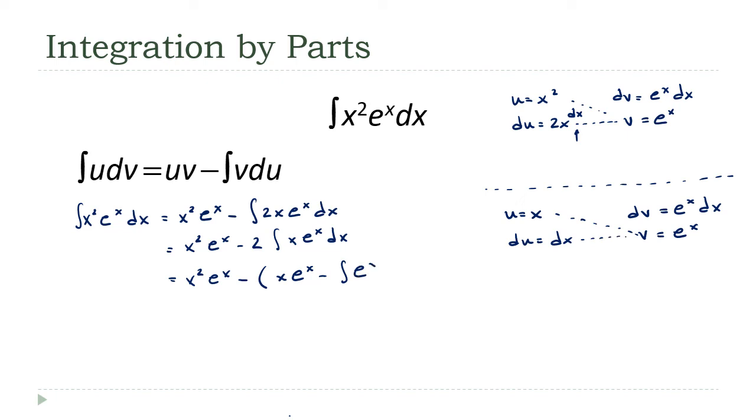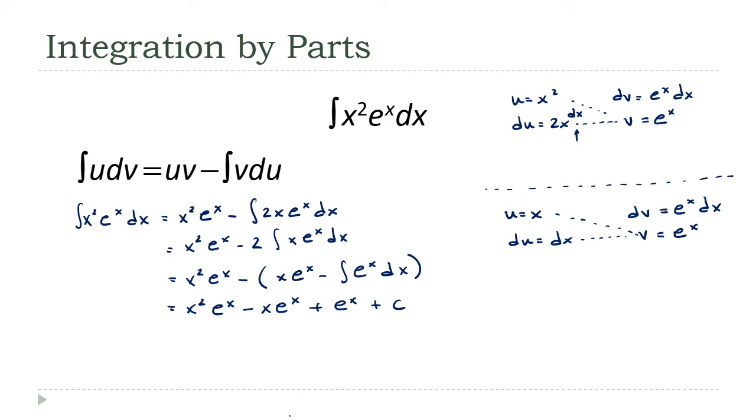So that's e to the x dx. And that one I can do. So this is x squared e to the x minus x e to the x plus, I'm distributing that minus sign in here, plus e to the x plus a constant. There you go, there's my answer.